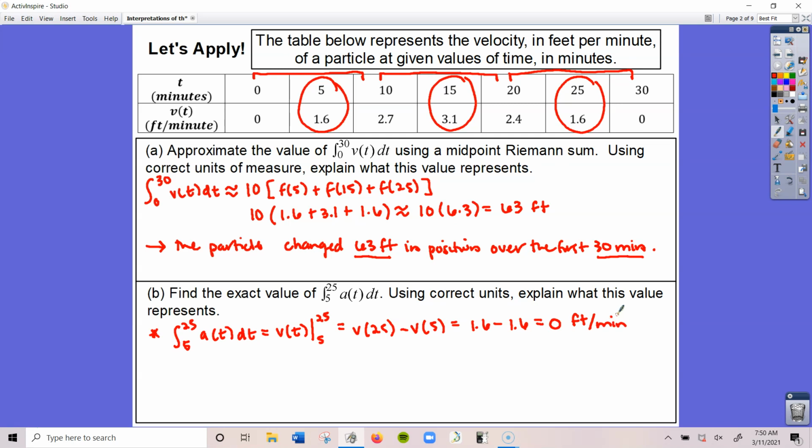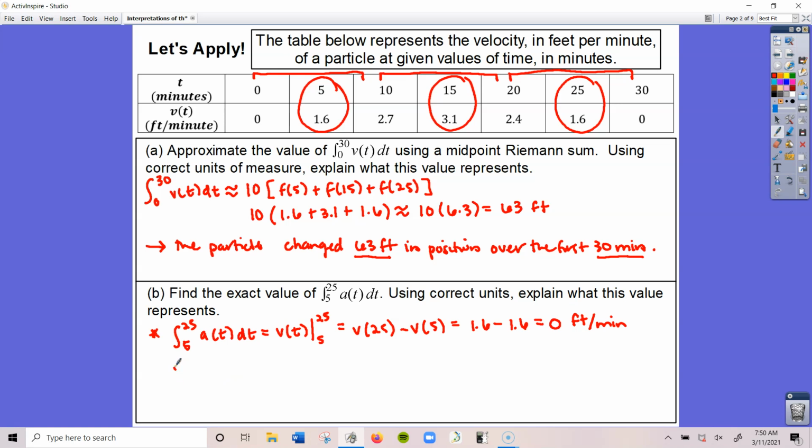And now what does this value represent? In this case, since this represents the change in velocity from t equals 5 to t equals 25, velocity went back to its initial velocity. So there is no overall change since we end up with 0.